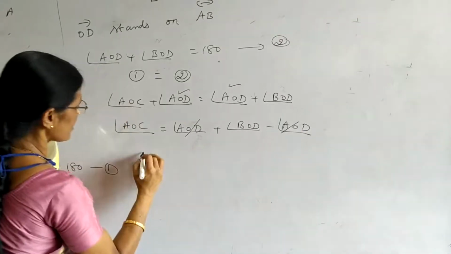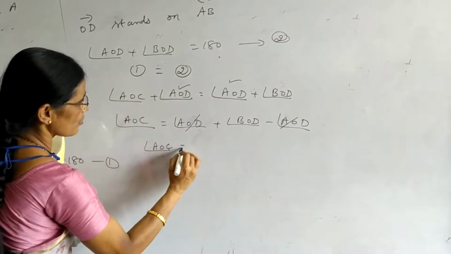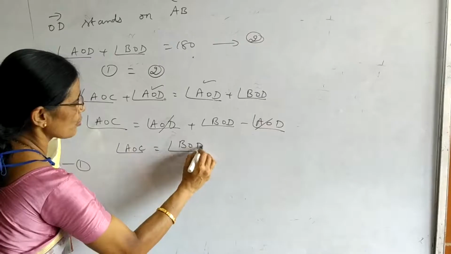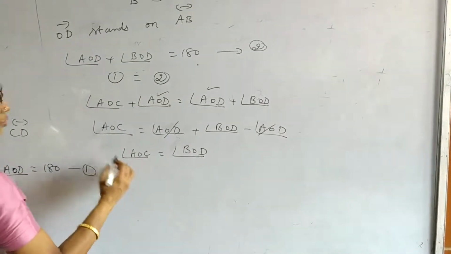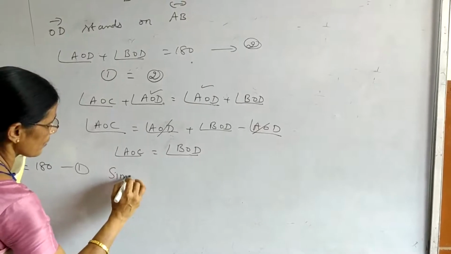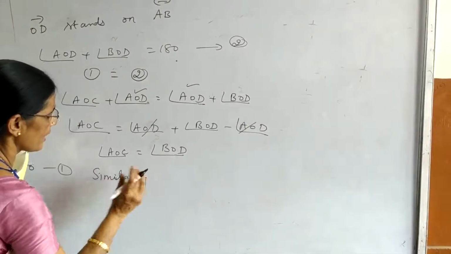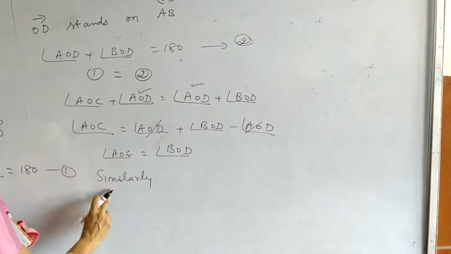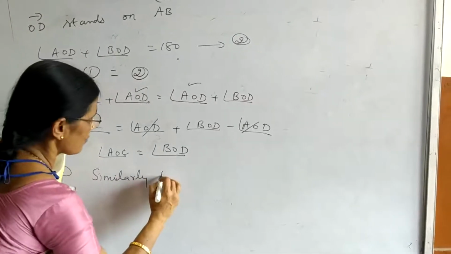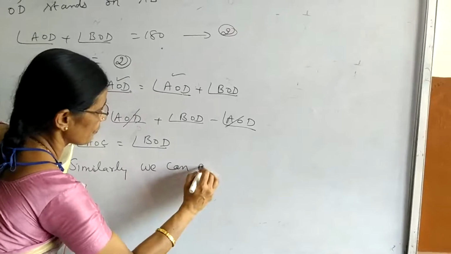These two are getting cancelled. Therefore, we get AOC is equal to BOD. This is one of the results required to prove. We have proved. Similarly, when two results are there, many times we prove one result and we write, similarly, we can prove.